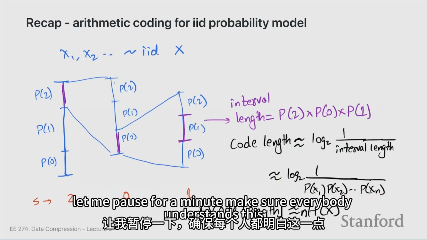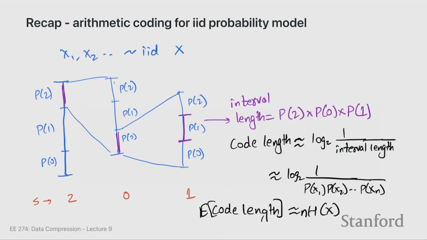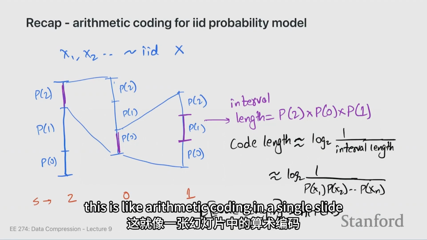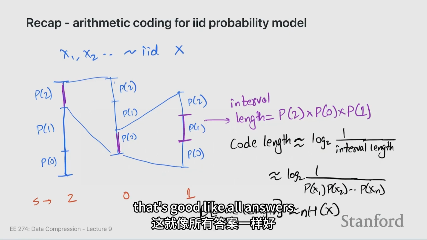Let me pause for a minute, to make sure everybody understands this because we'll deal with this throughout the lecture. This is arithmetic coding in a single slide, basically. So that expected code length, is that for all n symbols together?